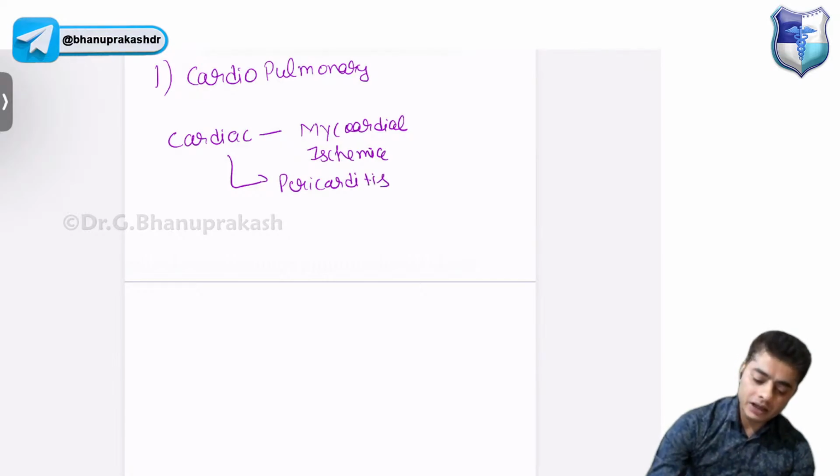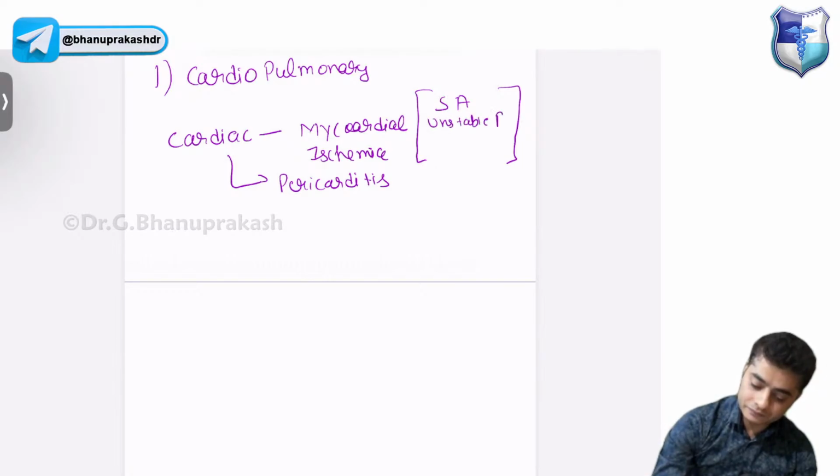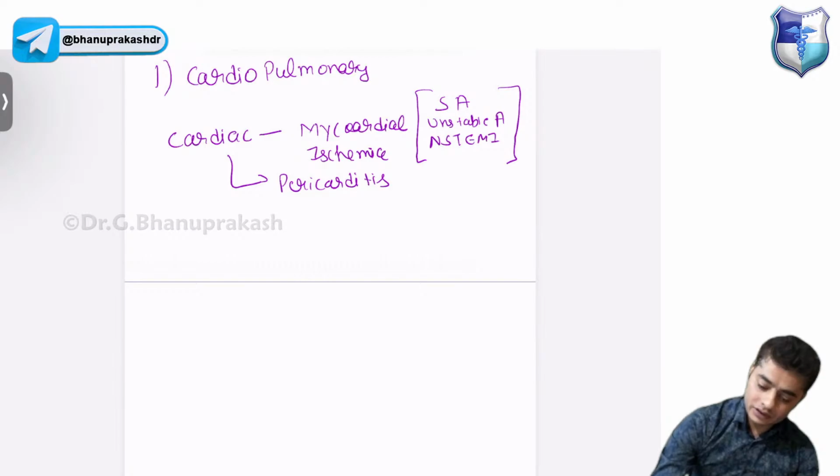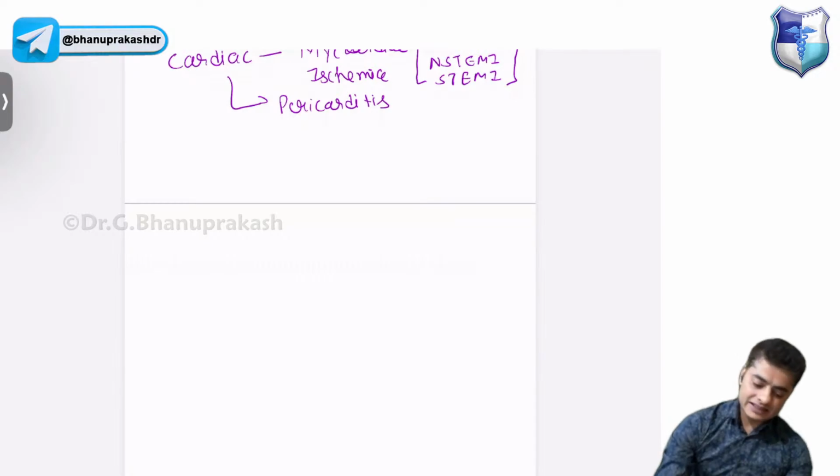In myocardial ischemia, you can have stable angina. You can also have unstable angina. You can have non-ST elevation MI. You can have ST elevation MI. So these are cardiac causes under cardiopulmonary.